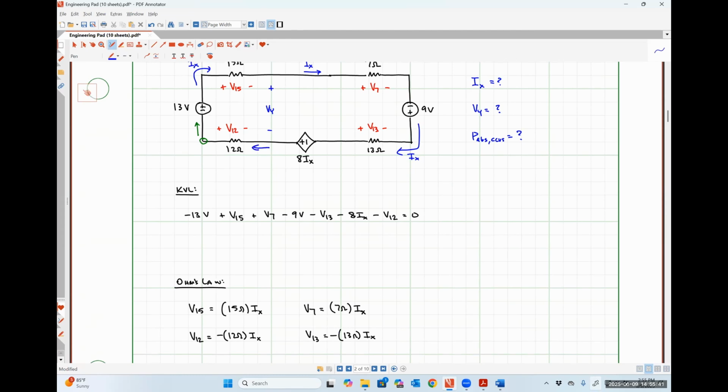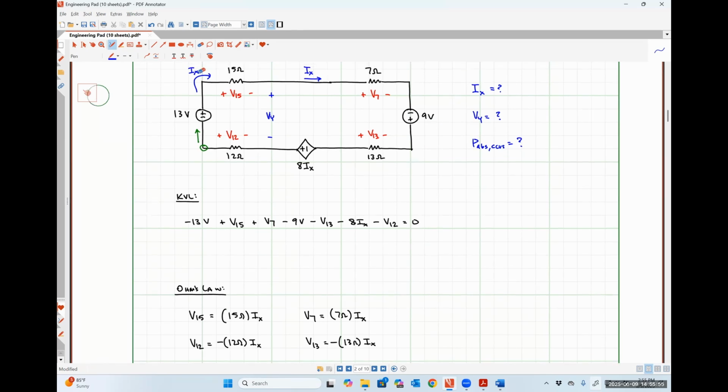And again, down here, it's seeing the negative polarity terminal first, which is why V12 gets a minus sign as well. So just to beat you over the head with it, anytime we're applying Ohm's law, when the current enters the negative polarity terminal, Ohm's law should get a minus sign.